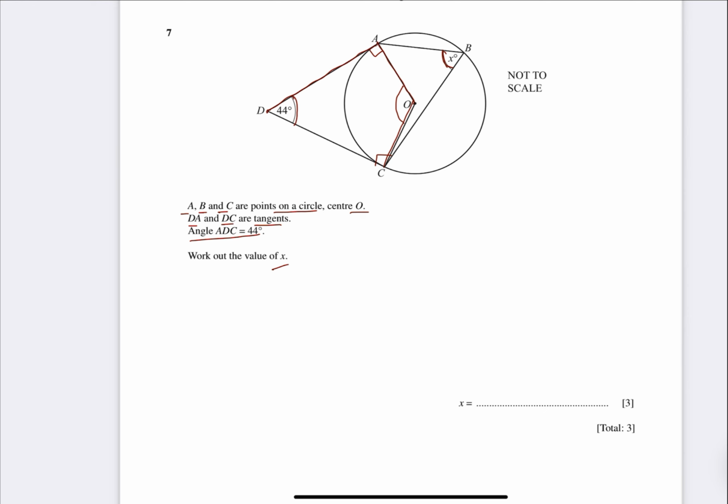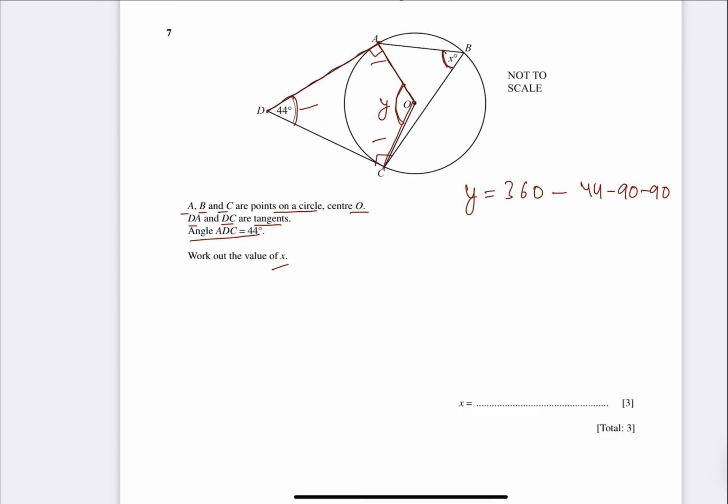So in this quadrilateral, because it is a quadrilateral, the sum would be 360. So let this angle be y. So y equals 360 minus 44 minus 90 minus 90.